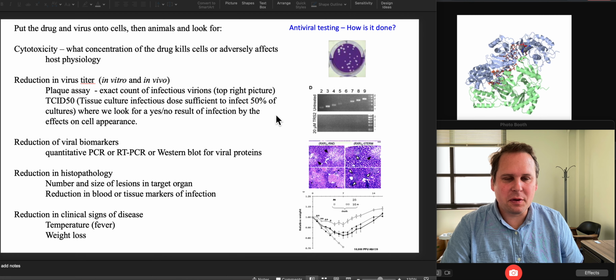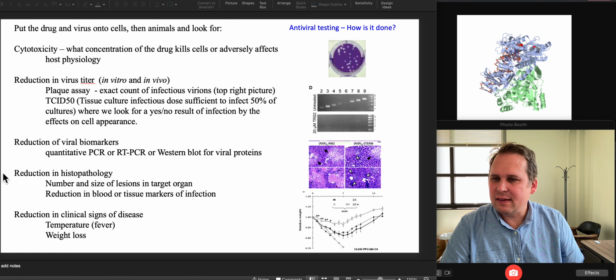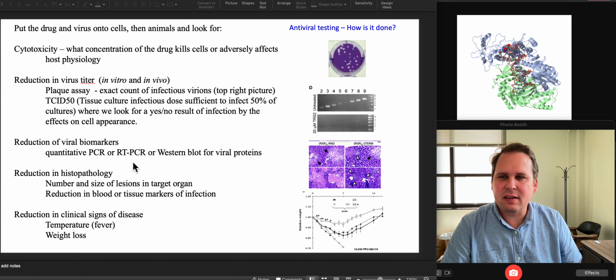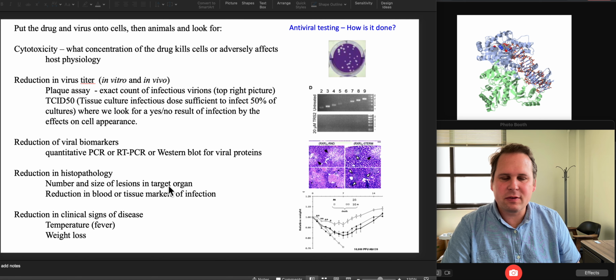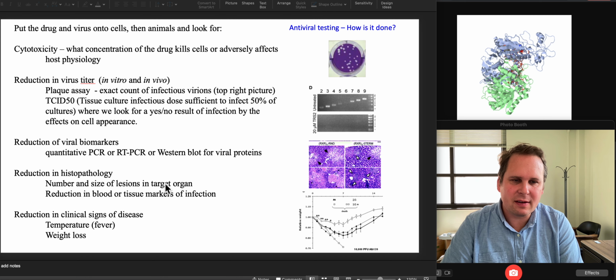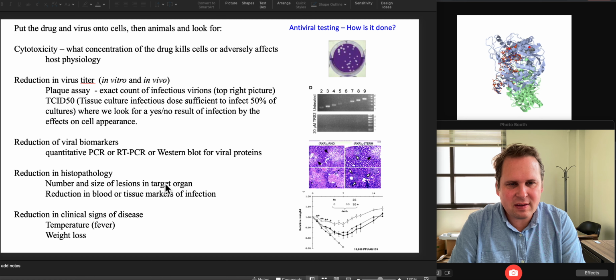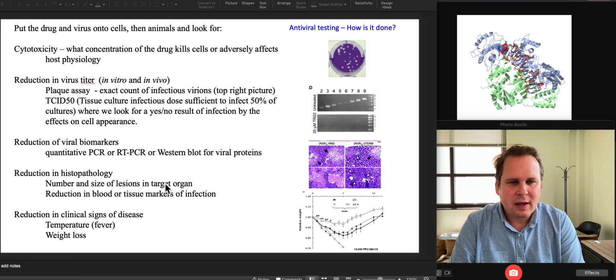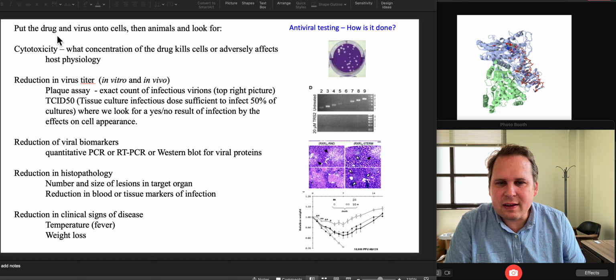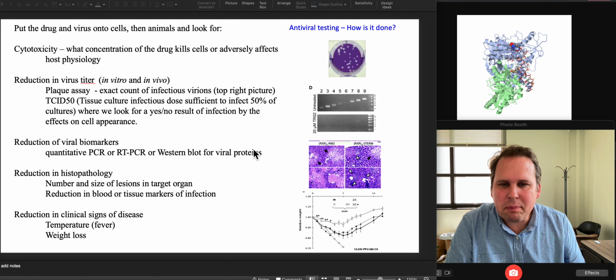All right, and so to finish off this part, let's see. The other common things you can do will be to look for a reduction in histopathology, which is disease you can see at the level of tissue. For example, here would be what the virus does normally in liver cells.